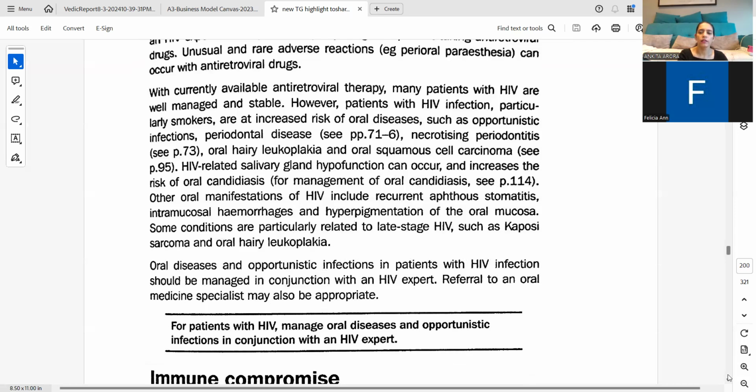And see, the answers to the questions will be so basic that you would get confused. For an HIV patient visiting the dental clinic, how would you manage or treat? Maybe something as simple as "in conjunction with an HIV expert," which would look like a mundane thing, when other big and stunning options will be given over here.